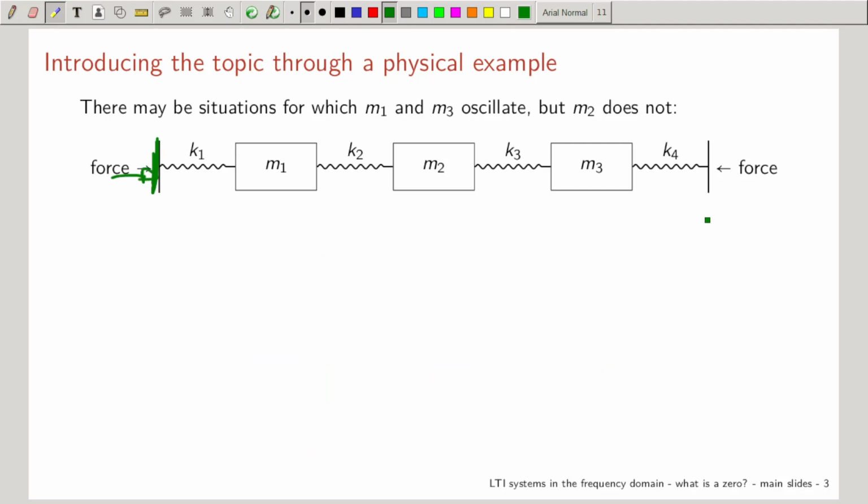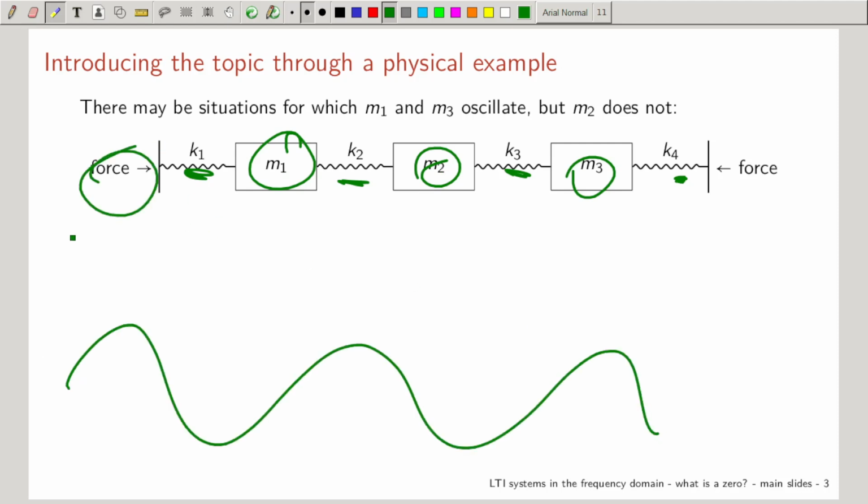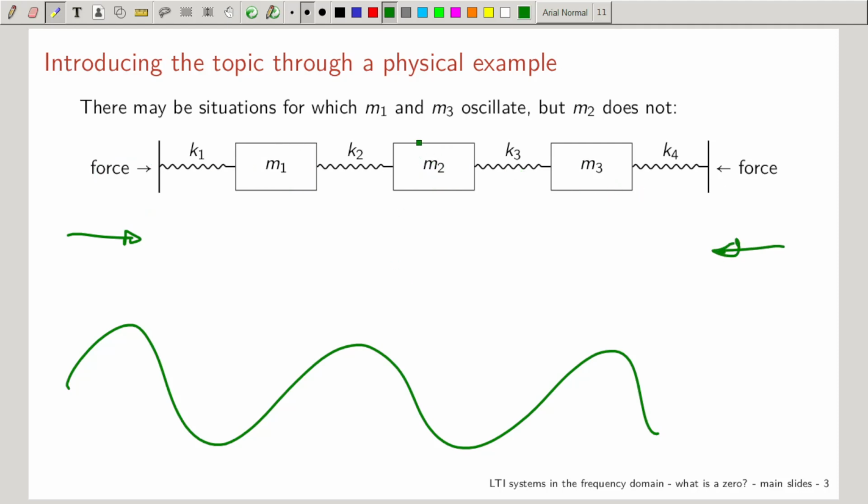Force, mass, spring. Do you see it? Do you see that you might imagine in your head that for an opportune combination of the coefficients, an opportune combination of the masses, and an opportune frequency of how much the force is pushing, this one stays there?